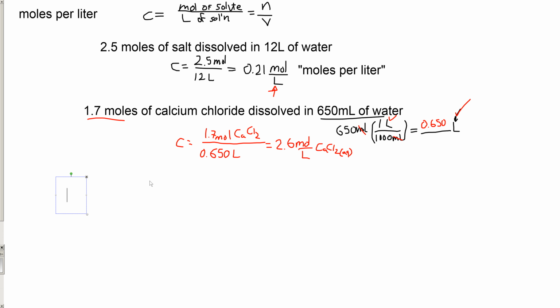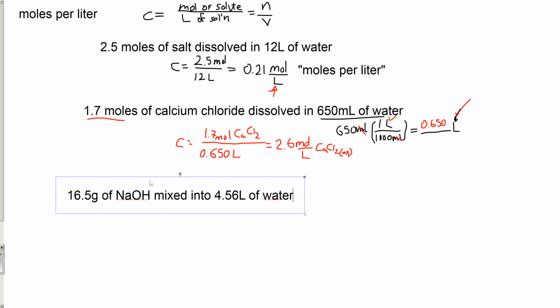So let's say we measure out 16.5 grams of my favorite, sodium hydroxide. And let's mix that sodium hydroxide into 4.56 liters of water.